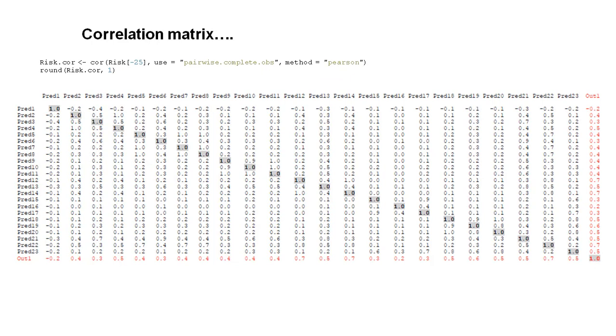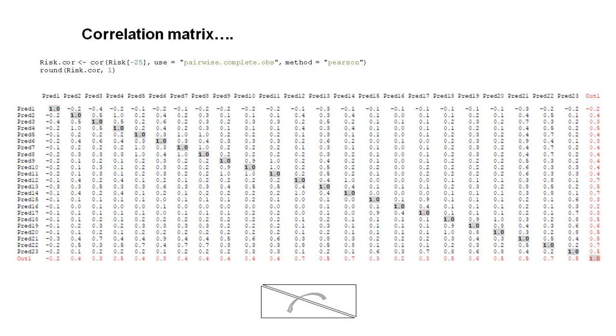The correlation coefficient measures the strength of relationship between 2 variables. Here is a matrix giving the correlation between each variable and all the others for all 23 predictor variables and the numerical target variable out1 in red. I've shaded in the diagonal where each variable is correlated with itself.